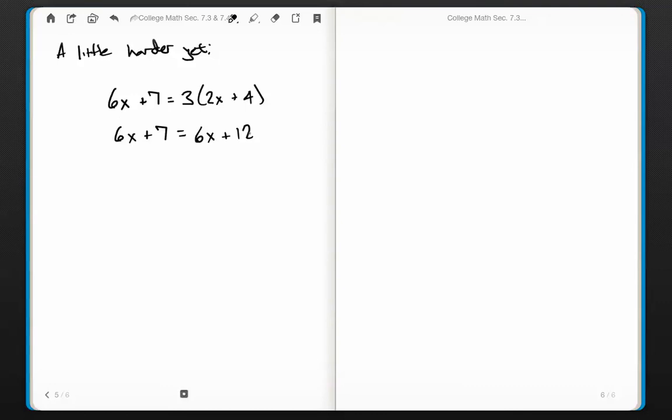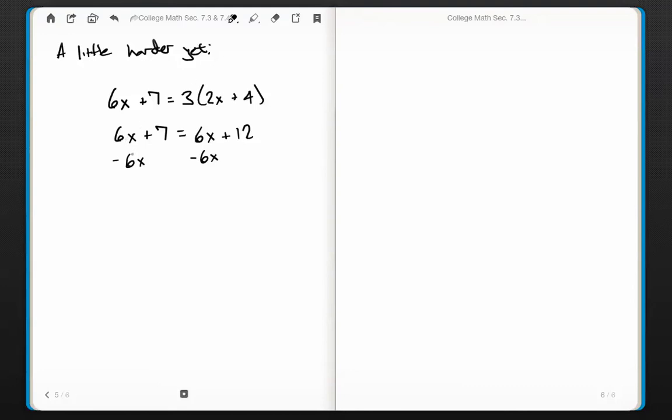Now this one's a little interesting here. What's going on? Well, I've got x's here and x's here. It'd be nice to get all my x's on one side. So I'm going to subtract 6x over here, and then subtract 6x over here. So I get all my x's on one side.